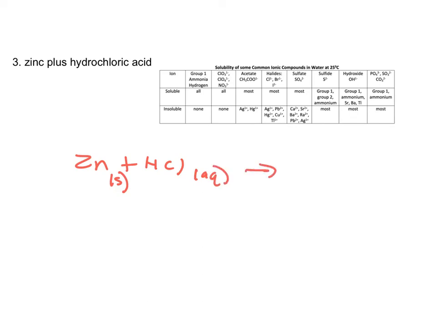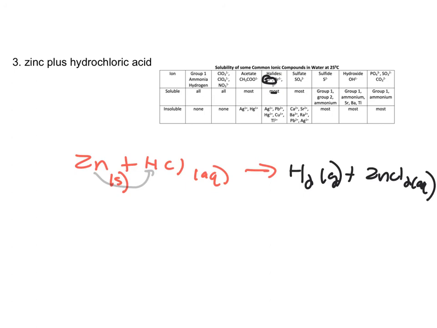And in that single replacement reaction, zinc, remember, bumps out that hydrogen so that I get H2 gas plus ZnCl2 in aqueous solution. And I know this is an aqueous solution because most chlorides are soluble, all except for those metals, and zinc is not one of them.